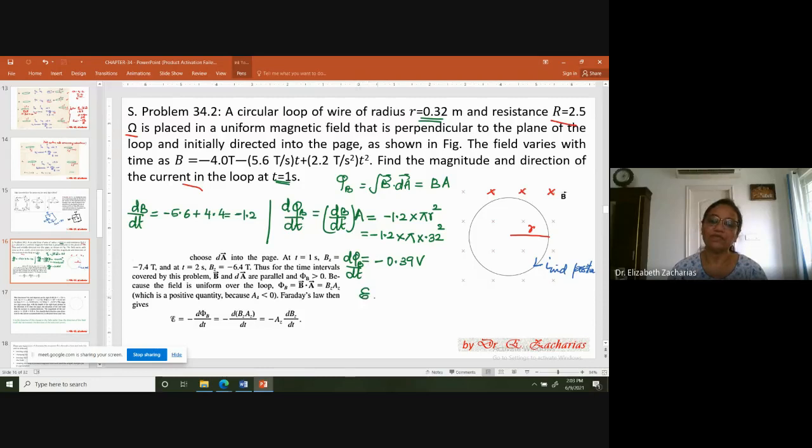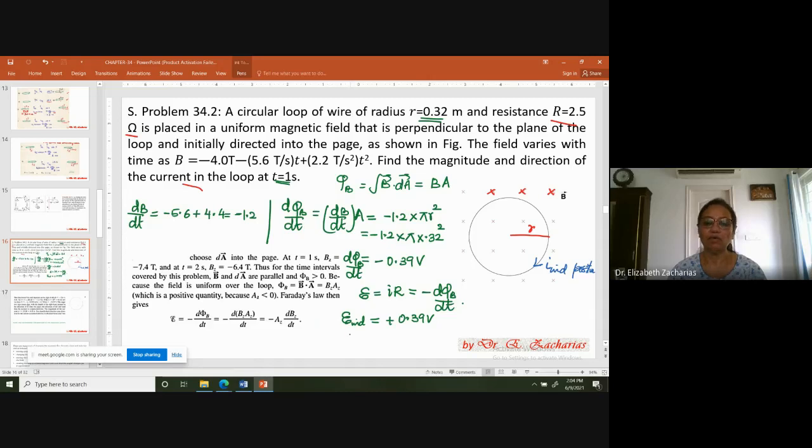But I know that my EMF, which is current into the resistance of the loop, is equal to minus d phi b by dt. Therefore, I can say that my EMF induced is going to be equal to plus 0.39 volt. Because d phi by dt is negative, I'm getting my EMF induced as positive.